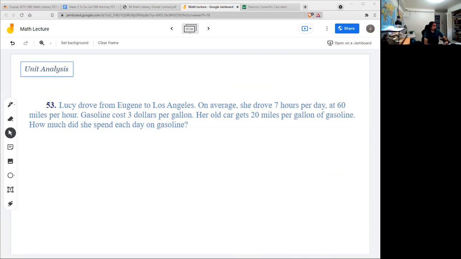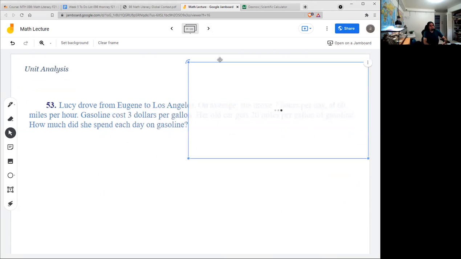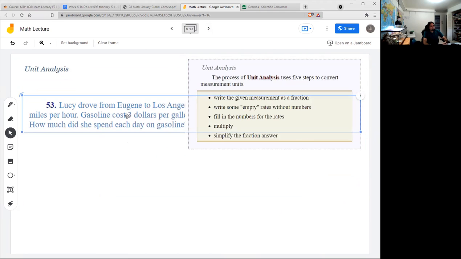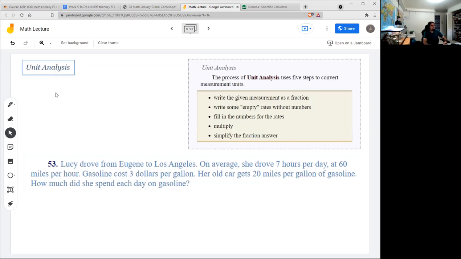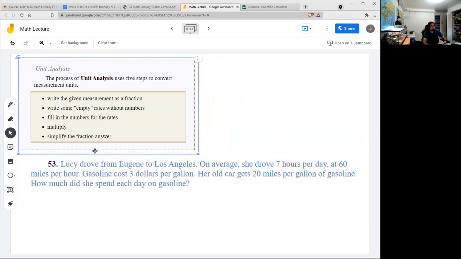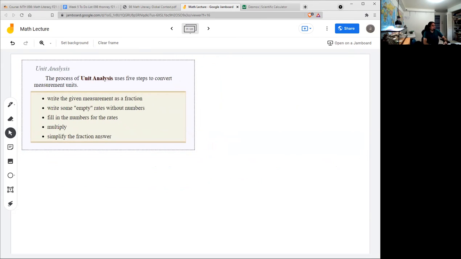Okay. Unit analysis is one of those things that... I don't need that. Okay. I'm going to reformat this one moment. Excuse me, Lucy.